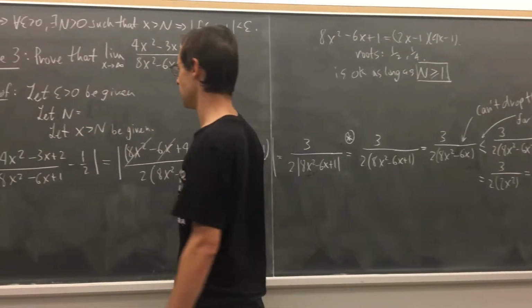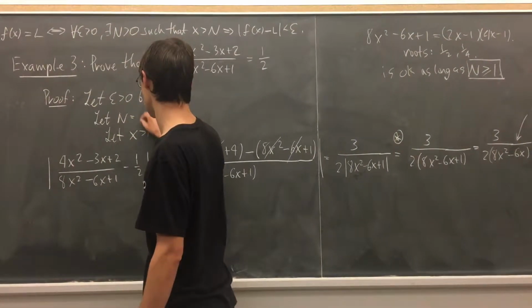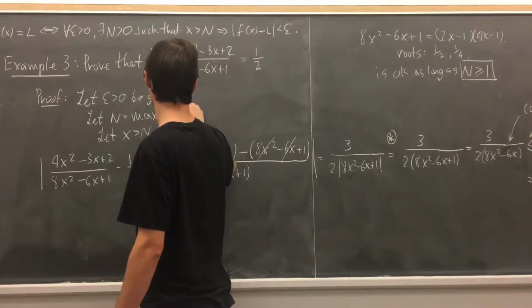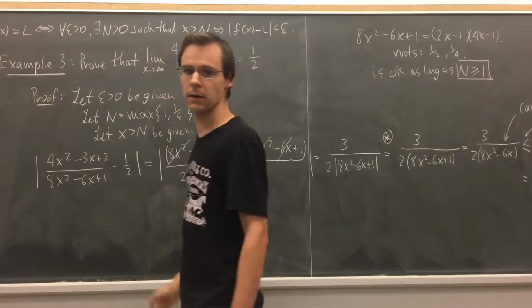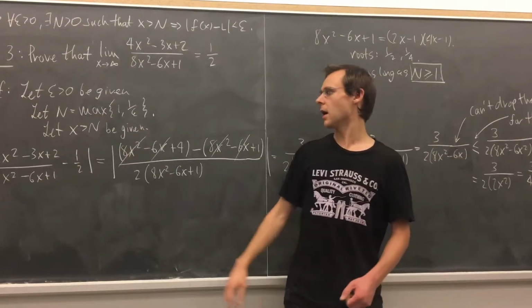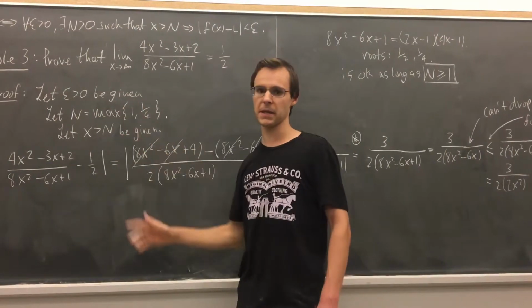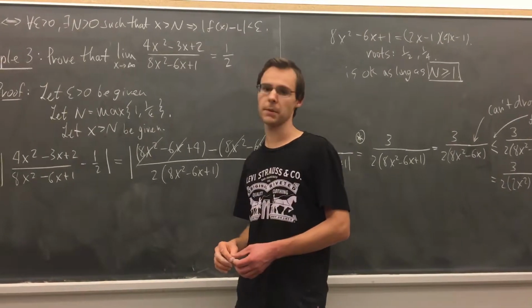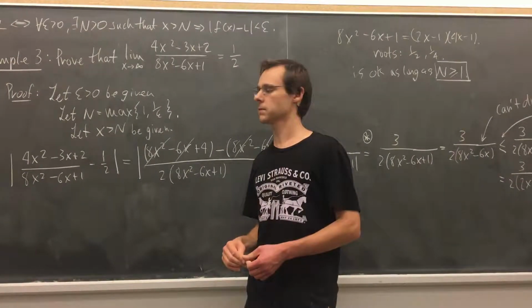So n has to be at least as large as 1 and 1 over epsilon, so we choose it to be the maximum of 1 and 1 over epsilon, okay? So just like in the finite epsilon delta proofs, we chose delta to sometimes be a minimum of two things. In this proof, we need n to be chosen to be a maximum of two things, okay?